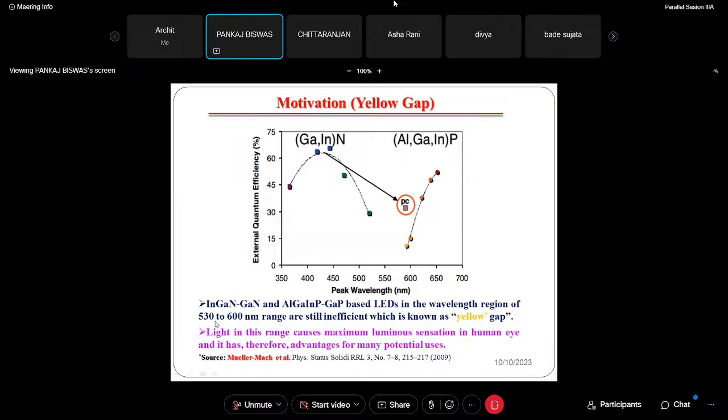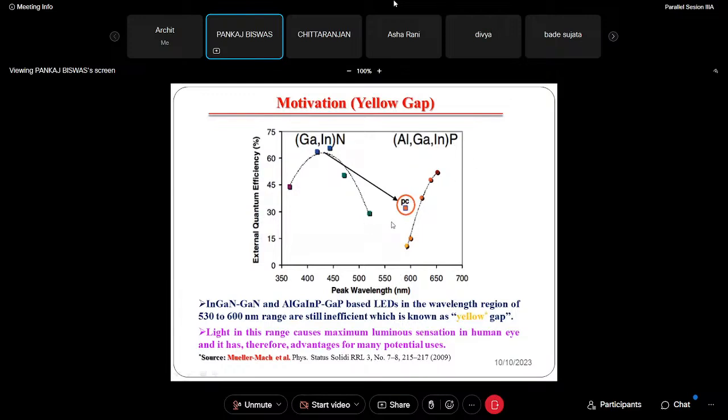And there is a gap called the yellow gap, which is the motivation behind this work, falling within the 530 to 600 nanometer range. Gallium indium nitride chips emit in the 350 to 500 nanometer region, whereas aluminum gallium indium phosphide, the quaternary LEDs, emit from 600 onward.